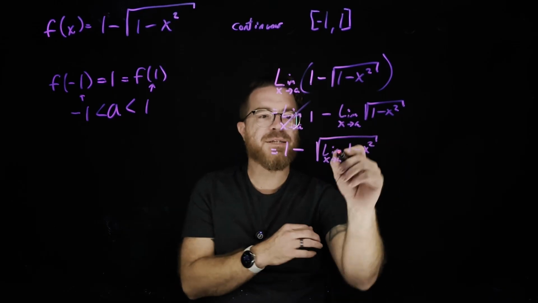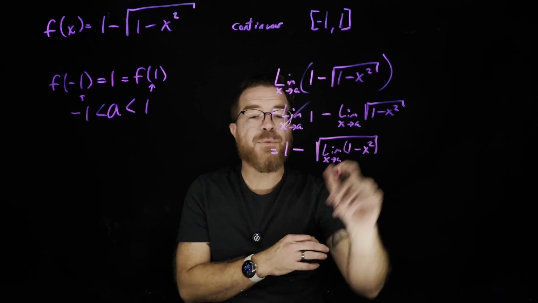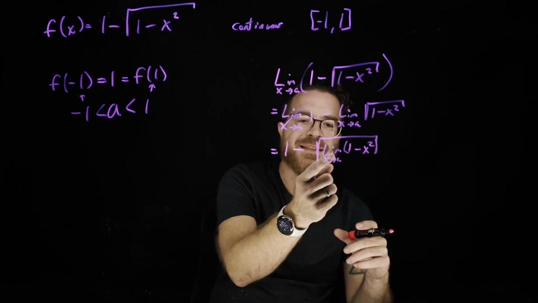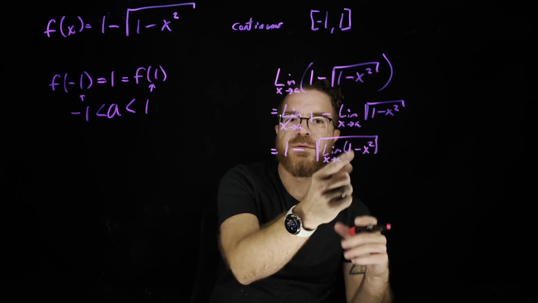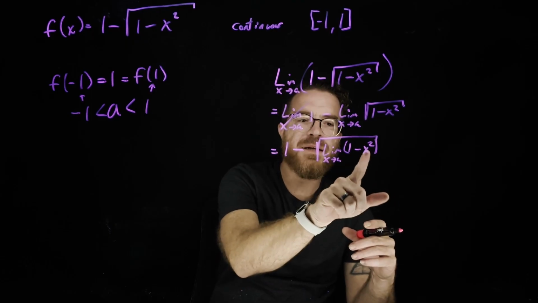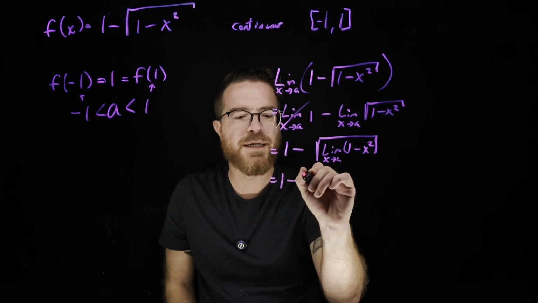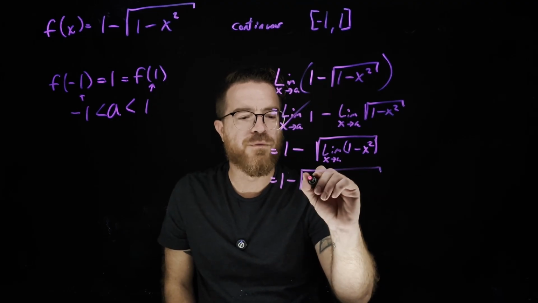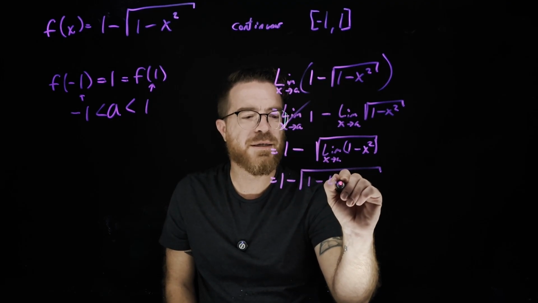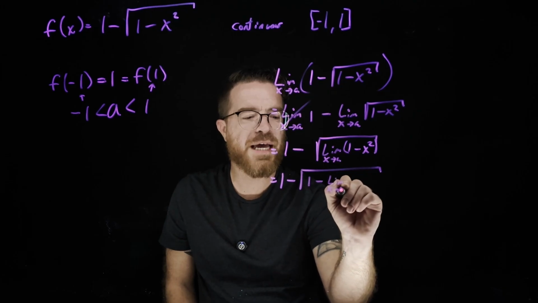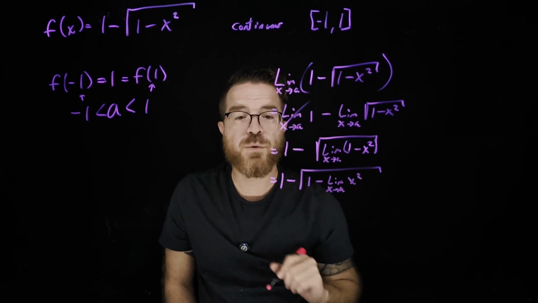So right now we have this, and we can evaluate it just like we did before. I can take the limit of the first thing, it's constant 1, so it's going to be 1, and I take the limit minus the limit of this. So we're going to have 1 minus the square root of 1 minus the limit as x approaches a of x squared.